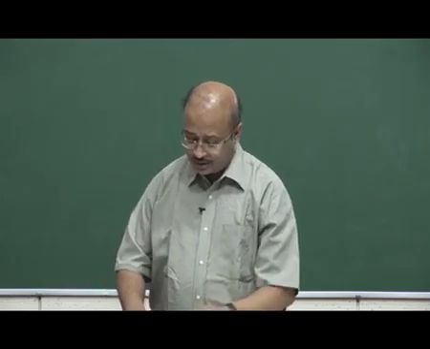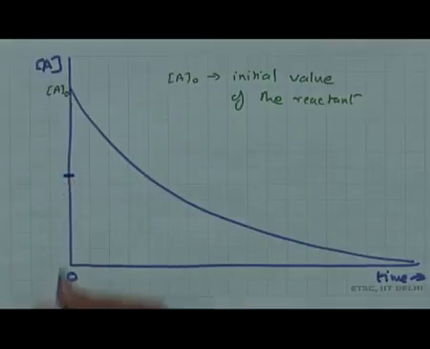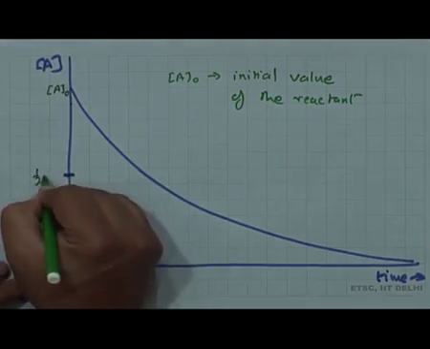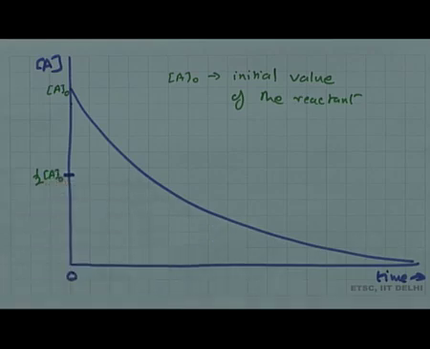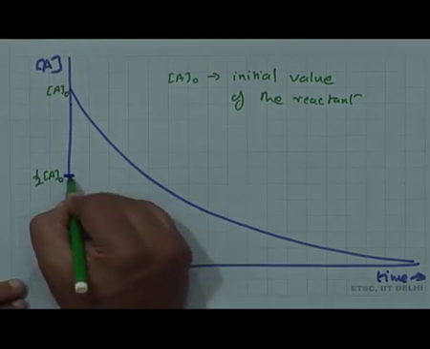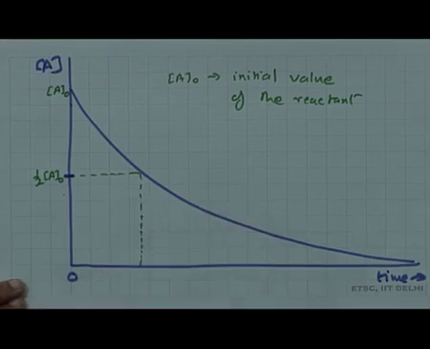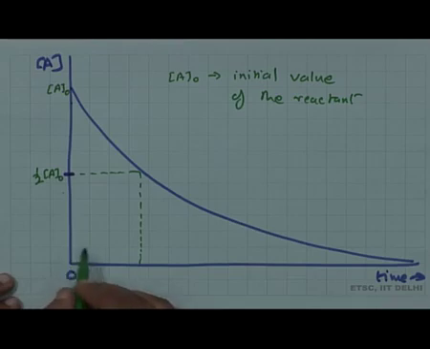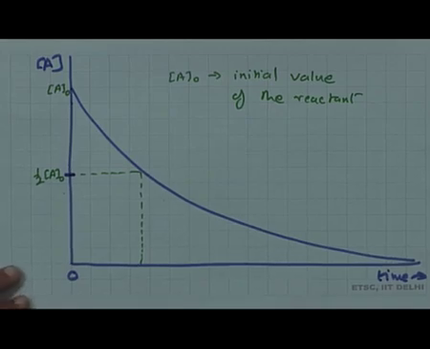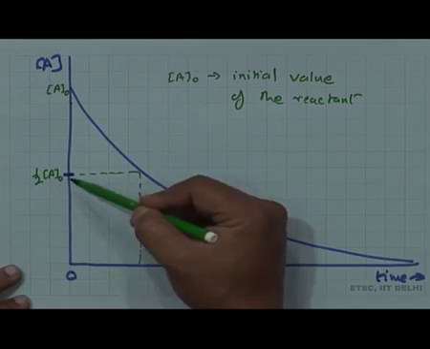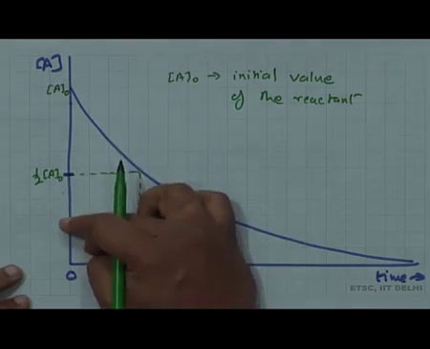So, if this is 0 and this is A naught somewhere here, when this comes to half A naught, it is not exactly drawn to scale, but when it comes to half A naught, this time from here to here is called T half. I will come back to this again. Now, what you can also figure from here is that from half A naught I can again come to half of it.